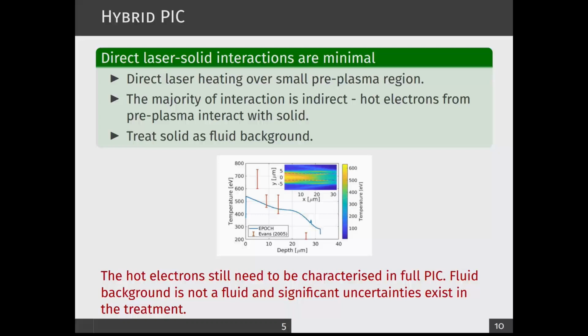You'd be looking at things like radiation emission as your hot electrons go through your solid. Okay, yeah. There are genuine experimental results you would want to be able to simulate of these hot electrons going through your solid. But as I say, it's just a word of warning.